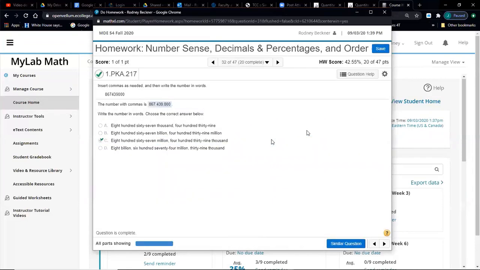Now, something I mentioned, the word and in math for separating number sections is supposed to only be used for a decimal, which is why there is no and in any of this. But some people will say 867 million and 439,000, something like that.